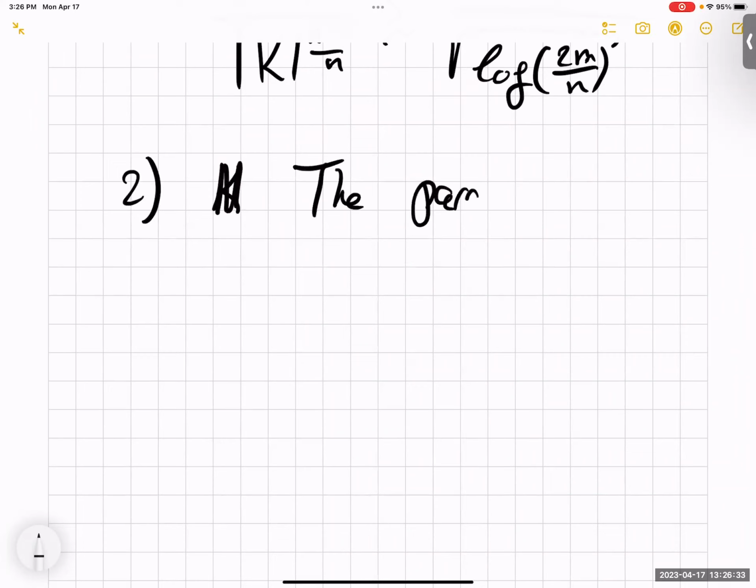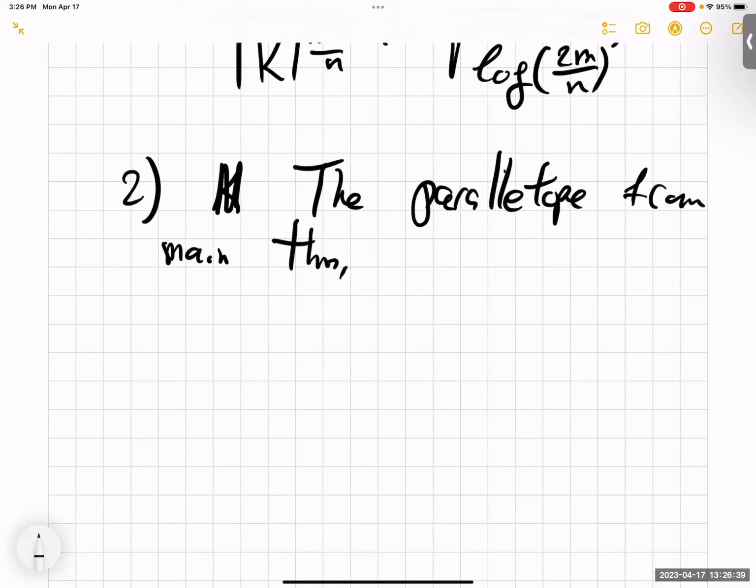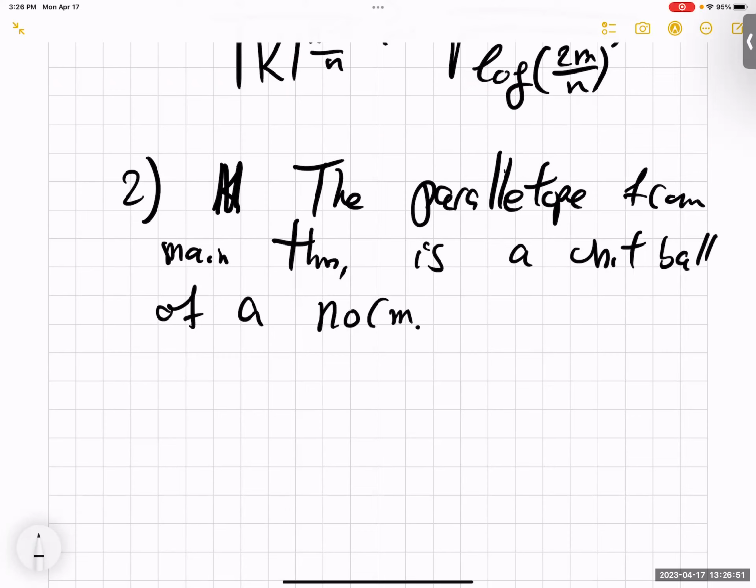The parallelotope is centrally symmetric, so it's the unit ball of a norm. What is this norm good for? What is it good for?